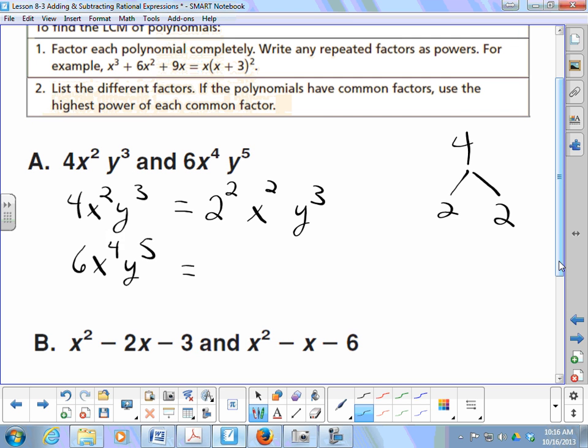And 6, if I did a factor tree, would be 2 times 3, and those are both prime numbers, so this is 2 times 3 times x to the fourth times y to the fifth.